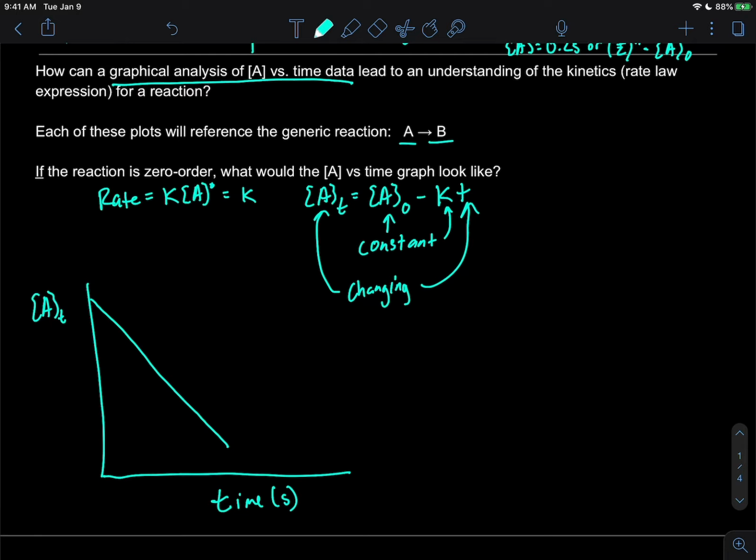Again, we would see that our slope is equal to change in concentration over change in time, which is also, in this case, our rate.